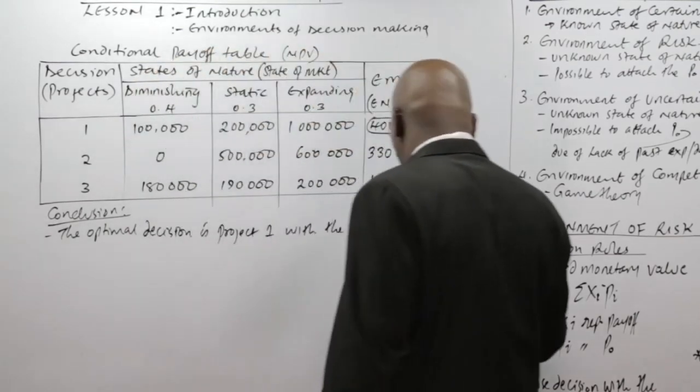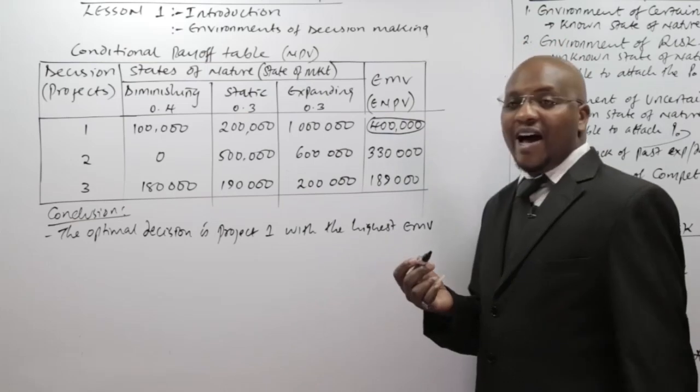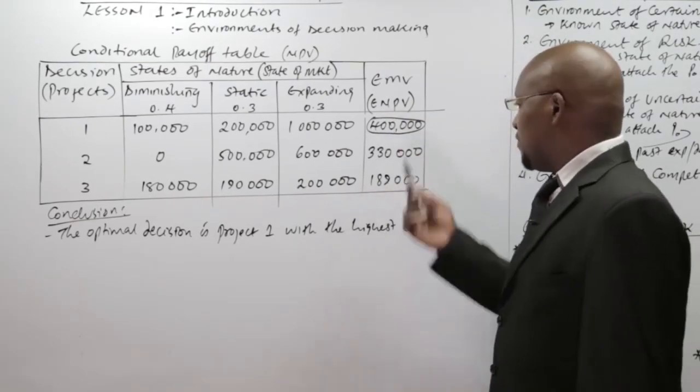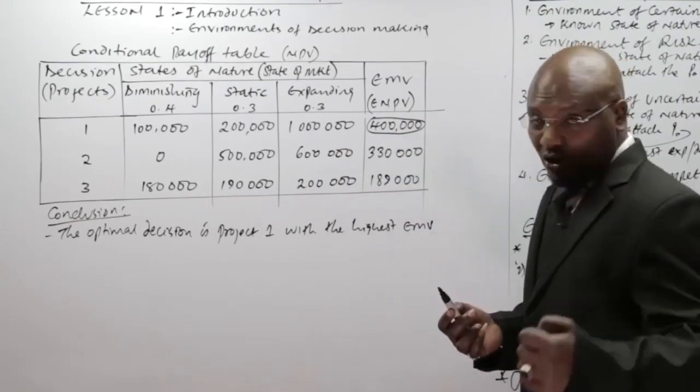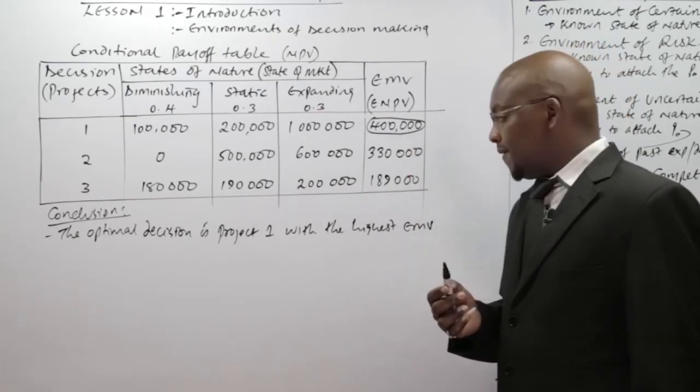So the optimal decision is project 1 with the highest EMV, which is true, as the highest. Everybody who is rational will go for that which is giving us the highest.